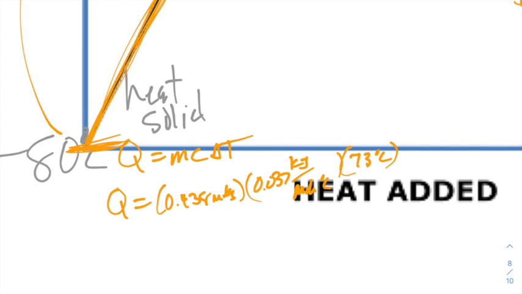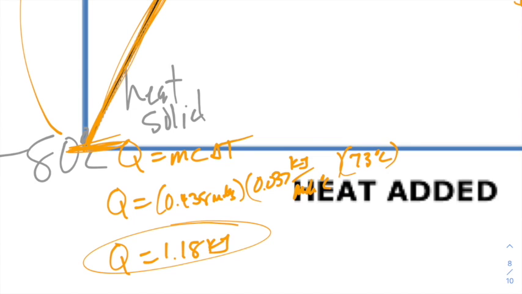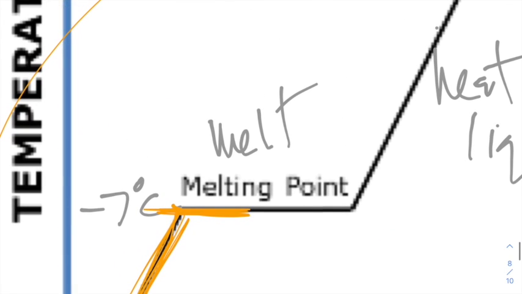So I've got 0.438 times 0.037 times 73. So that gets me, the Q for my first step is about 1.18 kilojoules for that step. All right, now I have to come over here and I have to melt it. So I'll make that one purple for whatever reason, because that was the color that I saw.